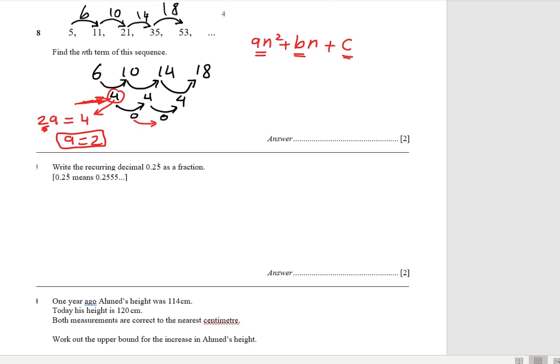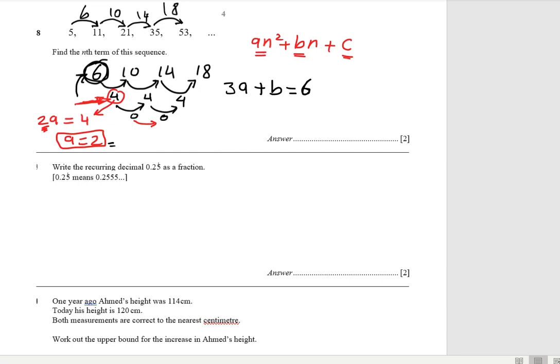Let us start to find B. We will go now to the above row. So 3A, 3, 1, 2, 3, so 3A plus B will equal again the first number of the series here, equal to 6.